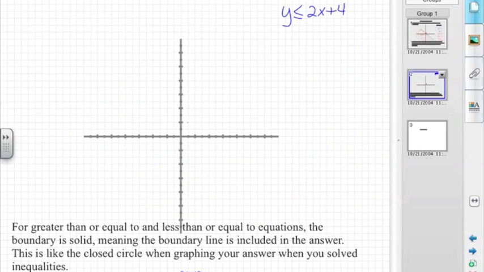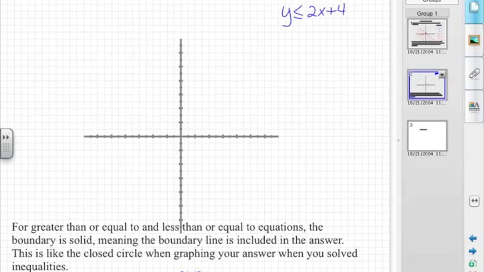So another example, now we have y is less than or equal to 2x plus 4. So this one is a less than or equal to equation. For these types of equations, the words down at the bottom of the slide tell you that the boundary line is going to be solid, meaning that the boundary line is actually included in the answer. It's just like the closed circle when you graphed your answers back in Chapter 7.